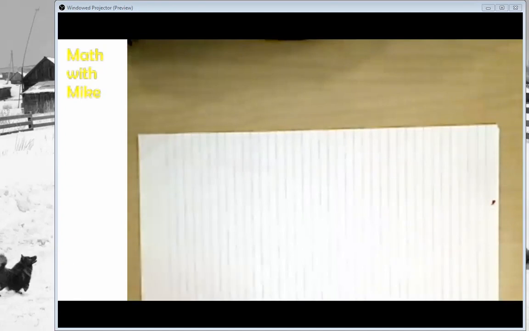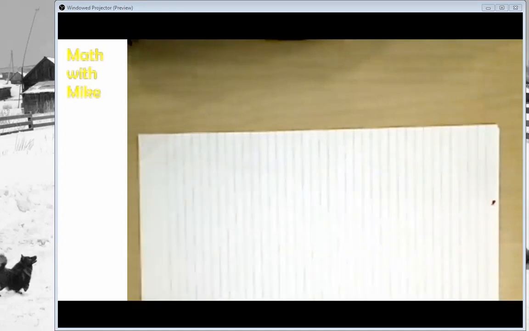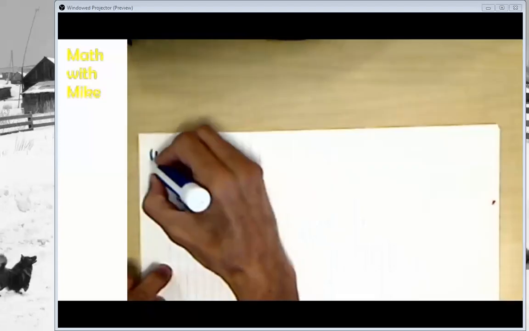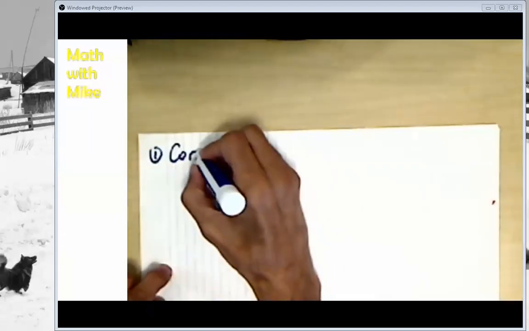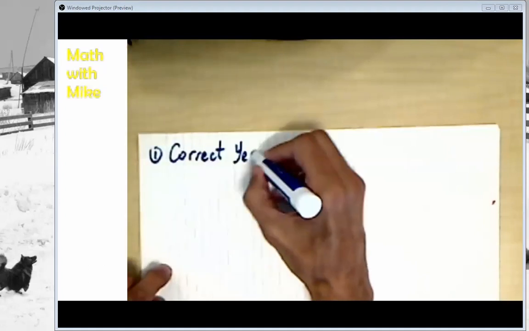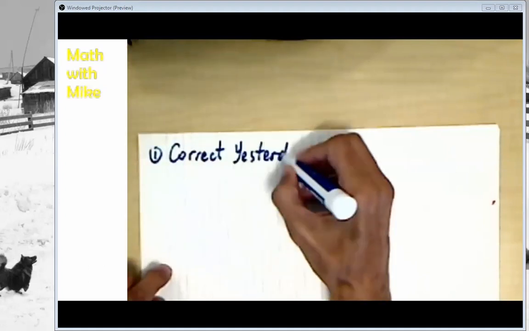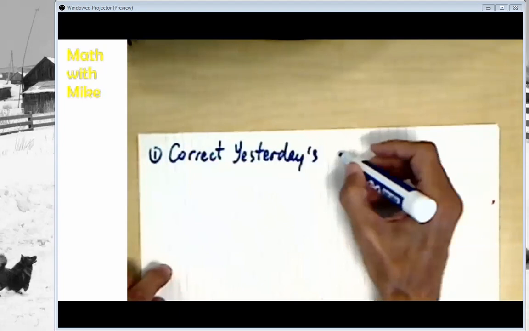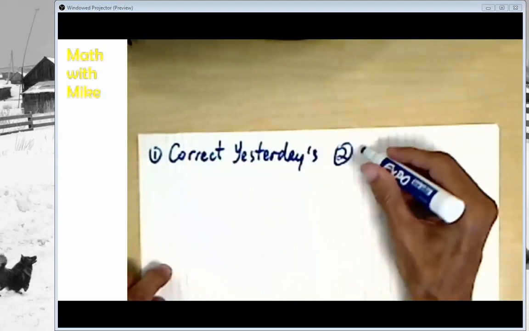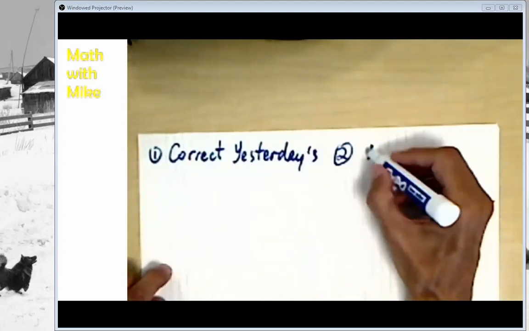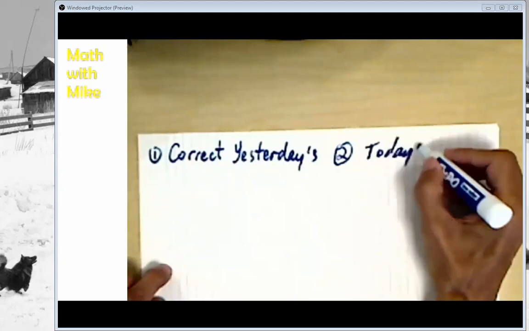Okay, just making the table of values, doing the graph. Oh yeah, and we'll correct yesterday's work as well. Okay, so correct yesterday's. I'll get the page up on the screen and then today's topic. As you can see, a little extension. And then that will be it.